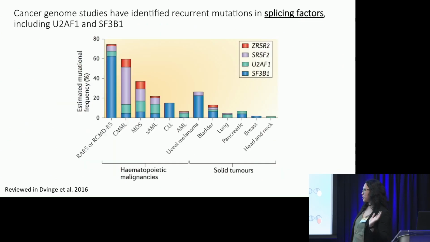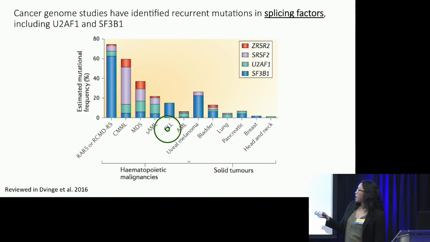So what is a splicing factor gene? Before I go into splicing factor genes, I do want to mention the prevalence of these type of mutations. Here's a chart from a review a couple of years ago of the prevalence of these splicing factor gene mutations across many different cancer types. They're actually most frequent in hematopoietic malignancies, which are blood cancers.